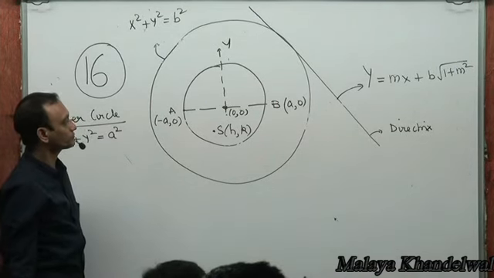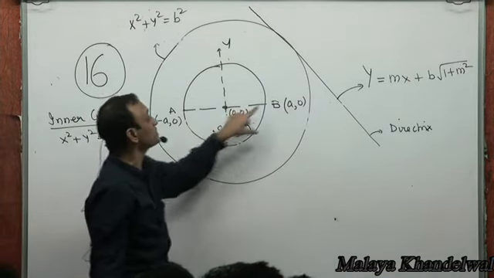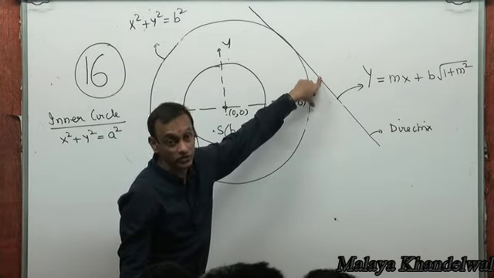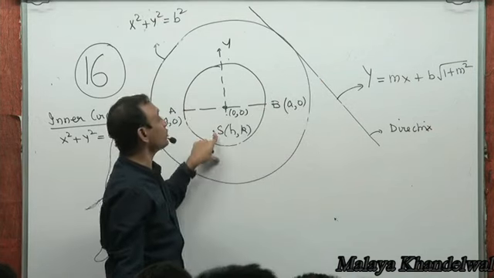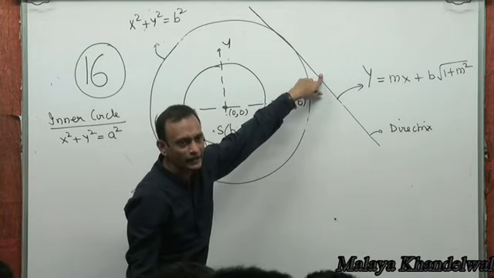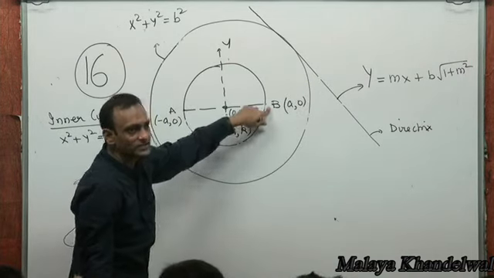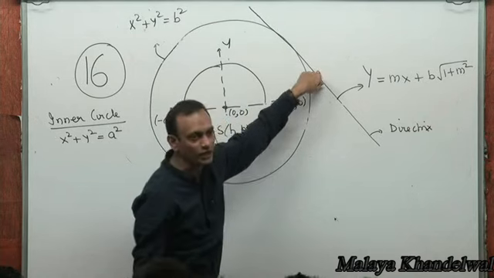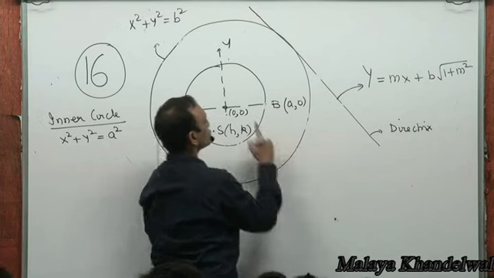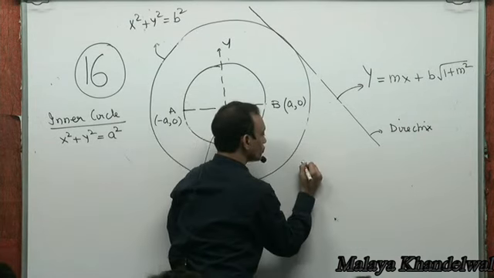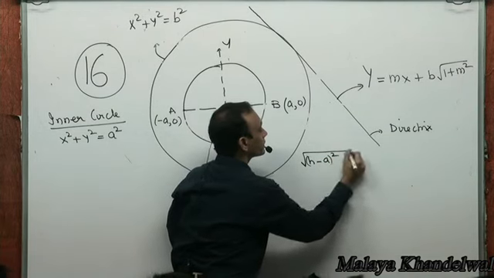Now, distance of B from S must be equal to distance of B from the directrix. That's a property. Because B is a point on the parabola, its distance from the focus must be equal to its distance from the directrix, right? So, distance of B from S is root of h minus a whole squared plus k squared.